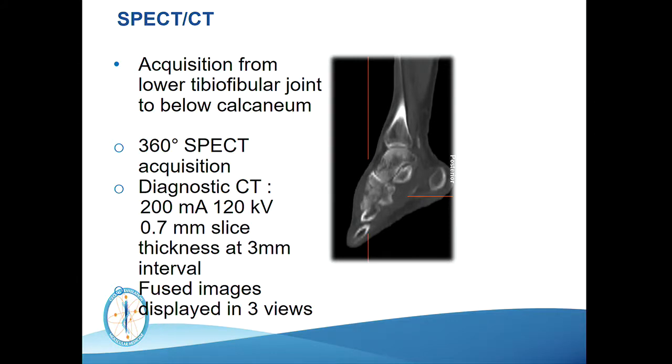Just to say that we do use diagnostic CT. We do reconstruct on a small field of view and use an overlapping pitch, and then we display our fused images in 3 orthogonal views, as well as displaying on our PACS the reconstructed CT images as well for the orthopaedics.